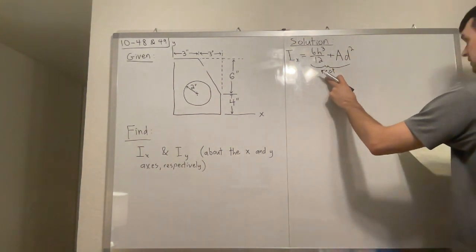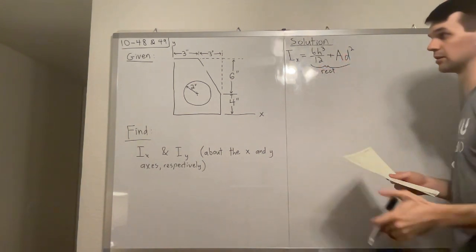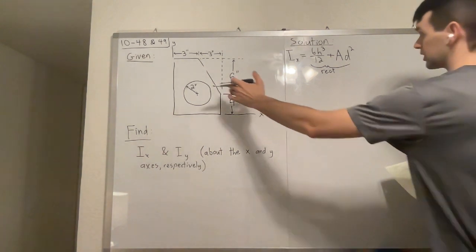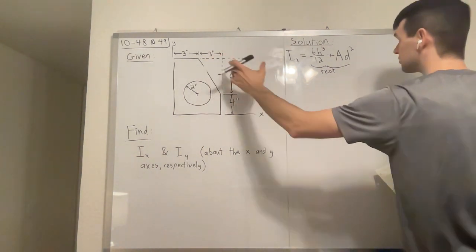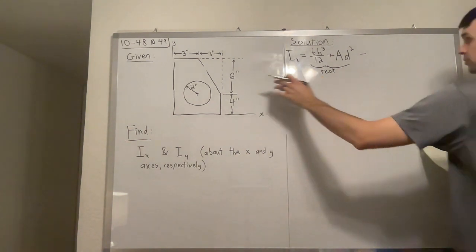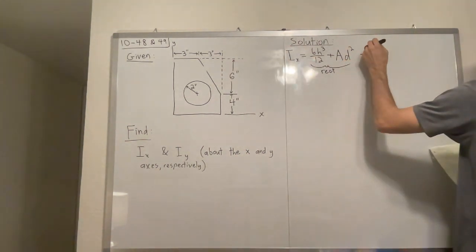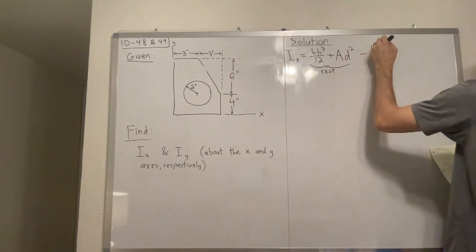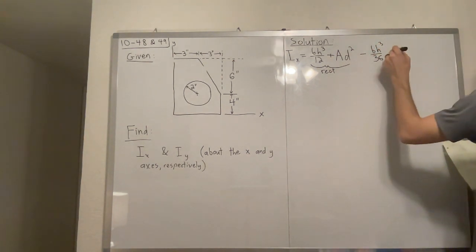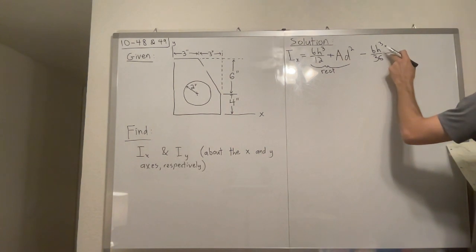Okay. And then just like we did with the centroids of composite shapes, when we're cutting out terms, when there's negative space, we subtract it. So we're going to say minus, now we're going to look at the triangle. So it's going to be b h cubed over 36 for a triangle, minus, right?